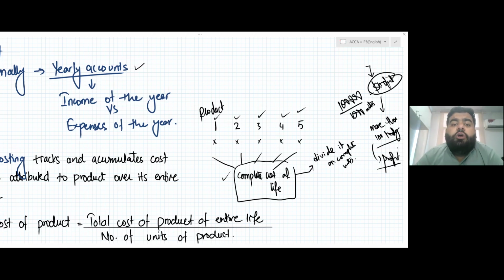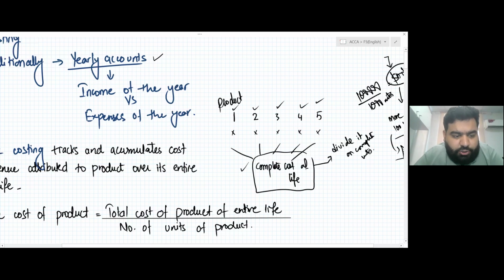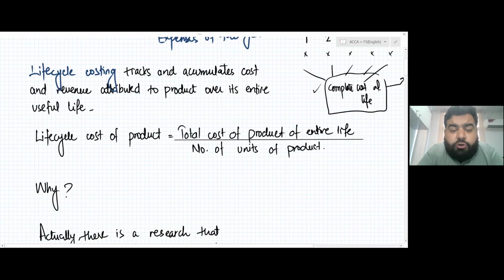So you will earn the profit. It's written here that the life cycle cost of a product is the total cost of the product over its entire life divided by the number of units over the entire life.